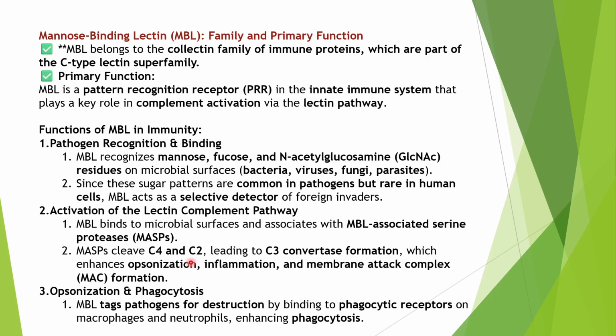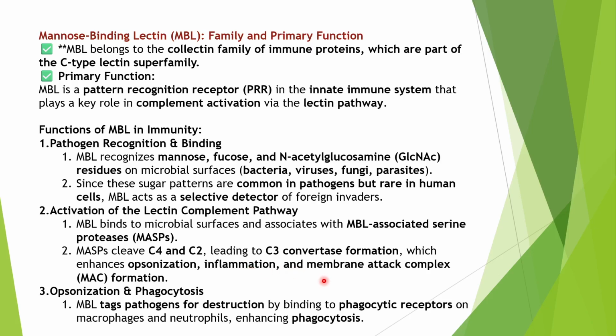The opsonized pathogen can then be recognized by your immune cells, like your phagocytic cells such as macrophages, neutrophils, dendritic cells, etc. And then these phagocytic cells will eliminate this. So that is your opsonization. And your inflammation, release of your pro-inflammatory cytokines, recruitment of your immune cells, etc.